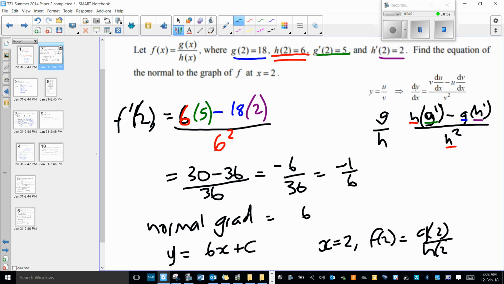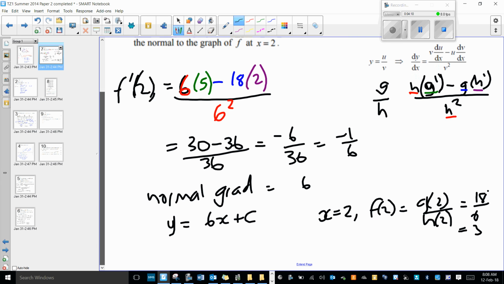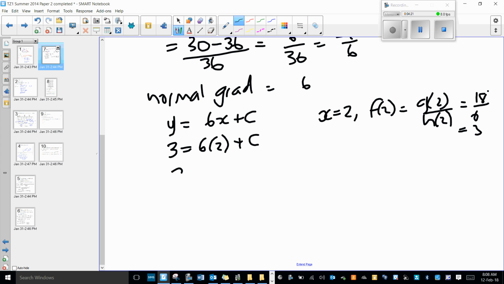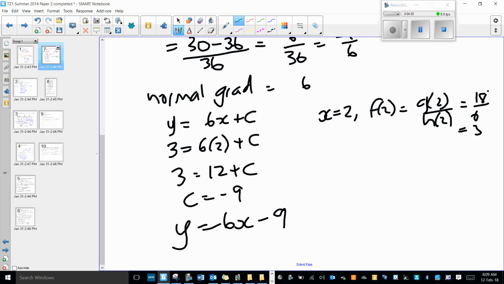So that was 18 over 6, which is 3. So we know that this is going to go through the point (2, 3). So 3 equals 12 plus c, c equals negative 9. So that's the equation y equals 6x minus 9. Okay, on to part B.